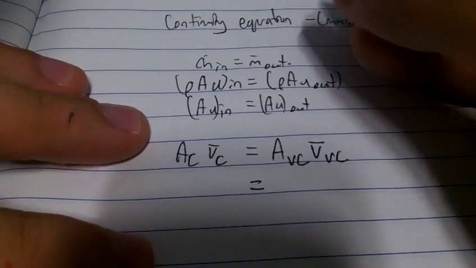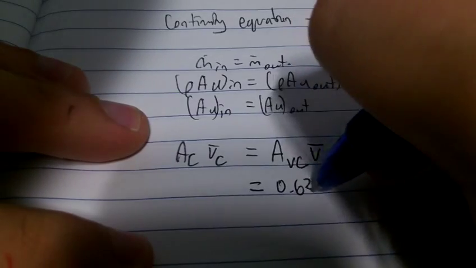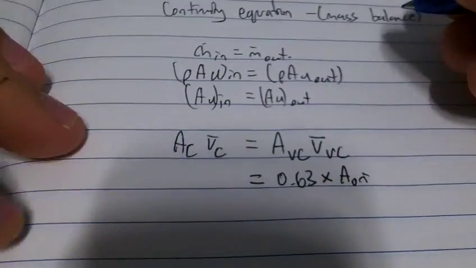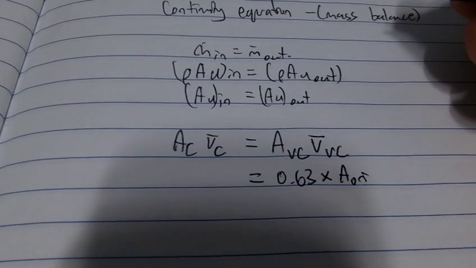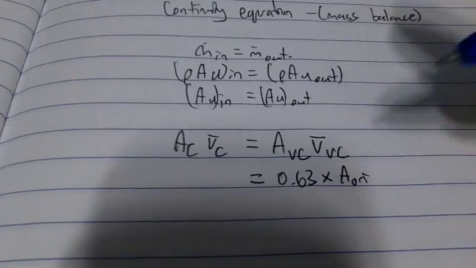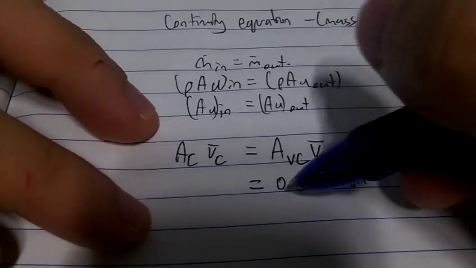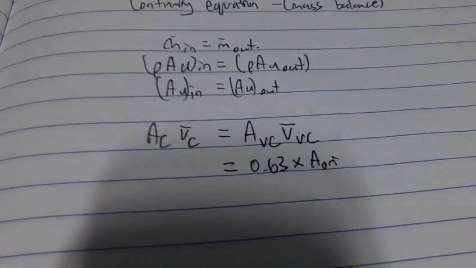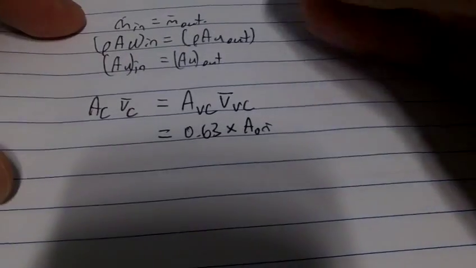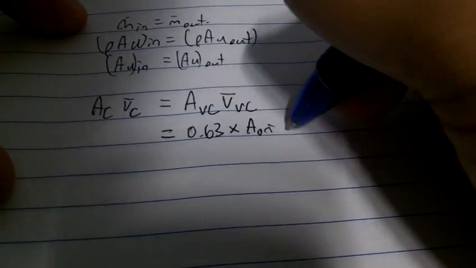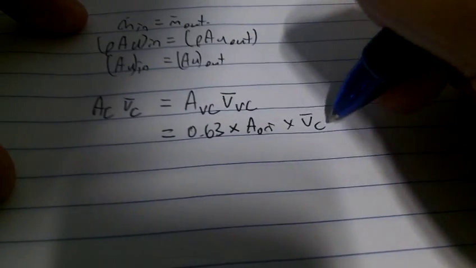That is actually just 0.63 times the area of the orifice. If you want to know how that is done, you have to go and see the experiments of how they determined this. This is a vena contracta constant for a sharp edge orifice, which we assume for this case. So A orifice times 0.63 times V_VC.